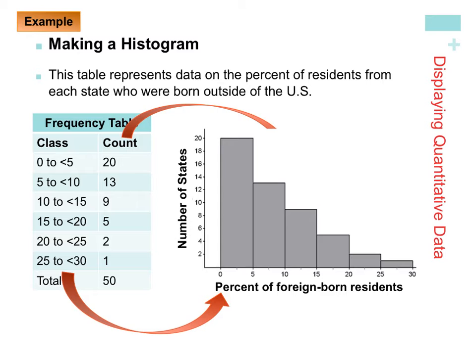You can see the 0 to 5 is our 20, and so that's the 0 to 5 range. Then 5 to 10 is at 13, and so on from there. Notice that there are no gaps where one starts, the other one ends. And we'll talk about what happens if there's one that landed on 5, 10, or 15, how that is handled.